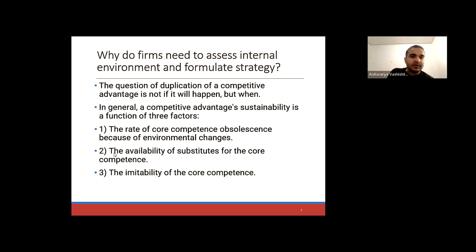And the non-substitutable point gives us that there could be some substitutes which can replace our product.